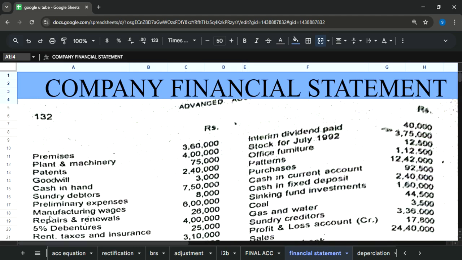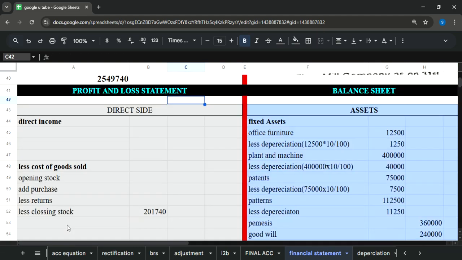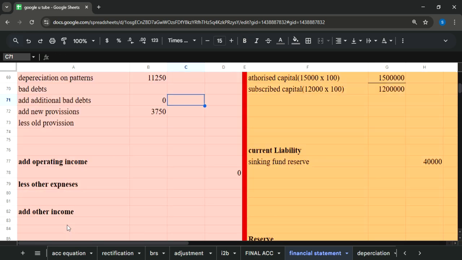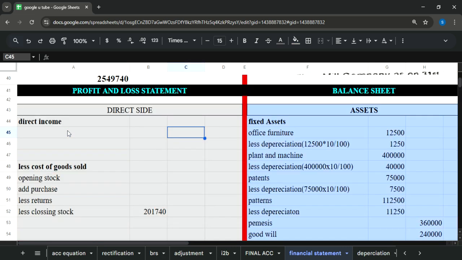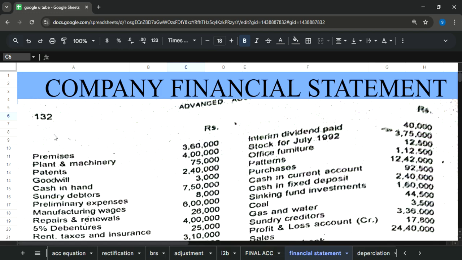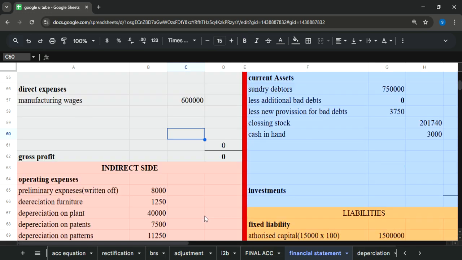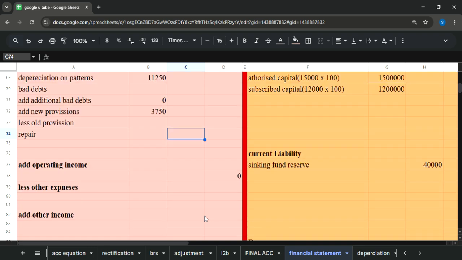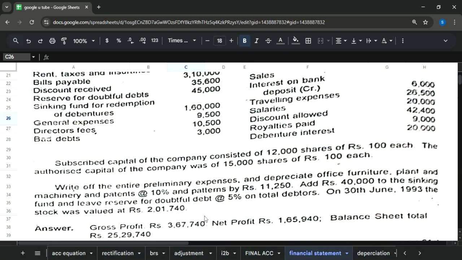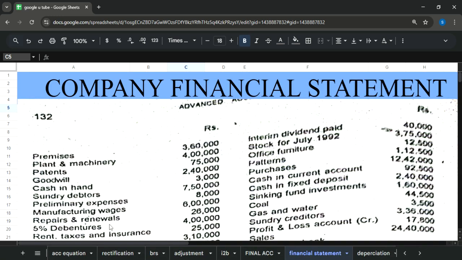After that we have repairs, indirect side. So we'll come over here, we'll write repair, and its amount is 26,000. Just post 26,000 over here. So guys, after repair we have debentures, 5% debentures.